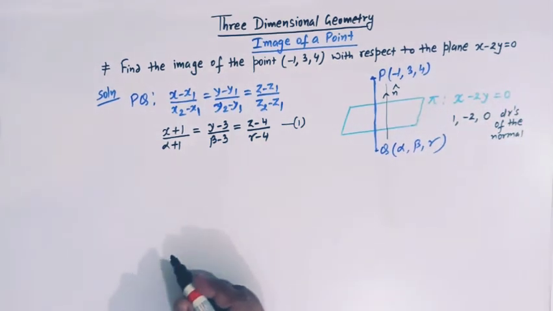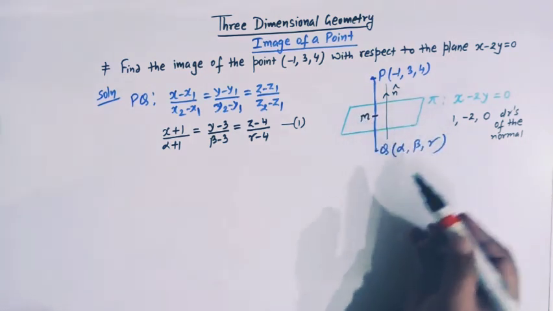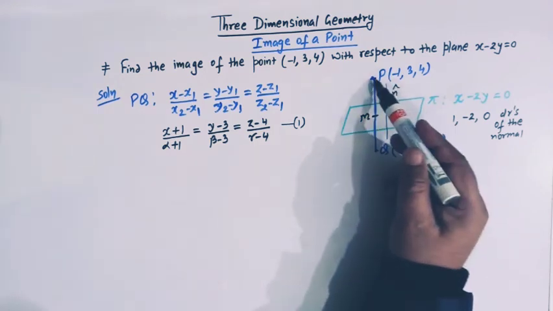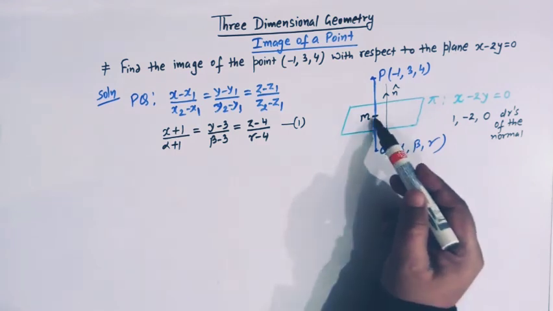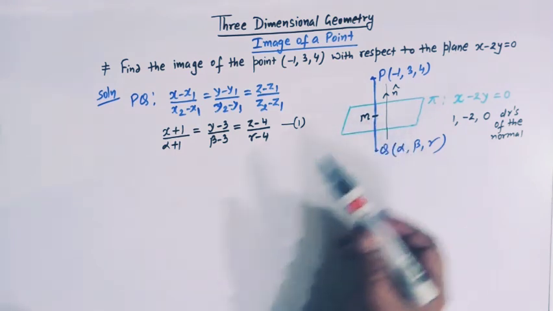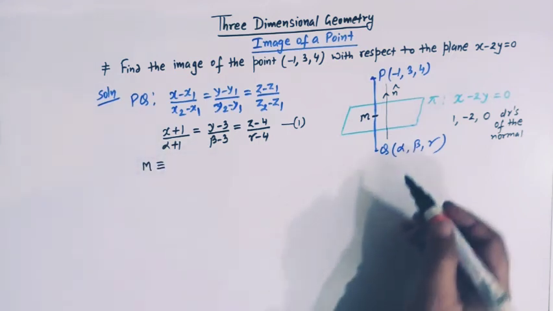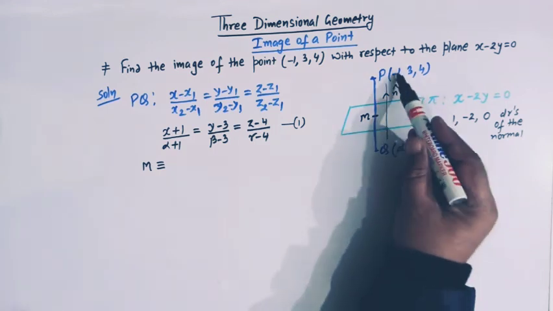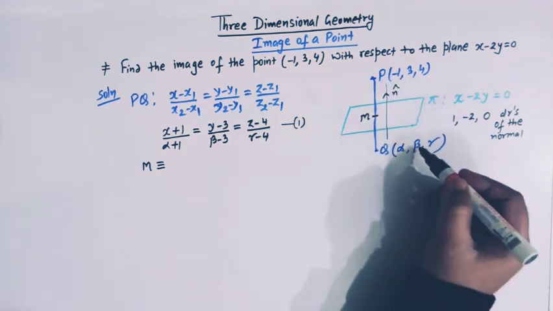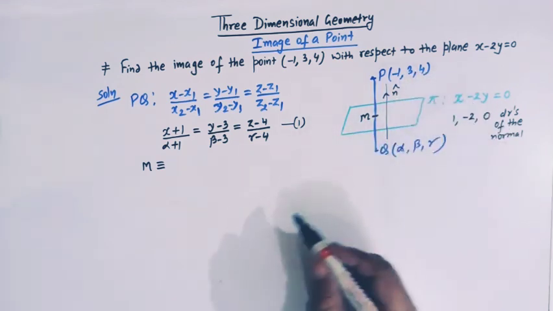Right? Okay. Now let us take the point M, which is the midpoint of this line PQ, and the coordinates of this point M can be written by using the midpoint formula, that is (x1 plus x2) divided by 2, (y1 plus y2) divided by 2 and (z1 plus z2) divided by 2.